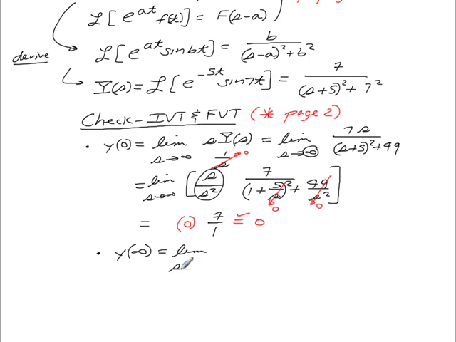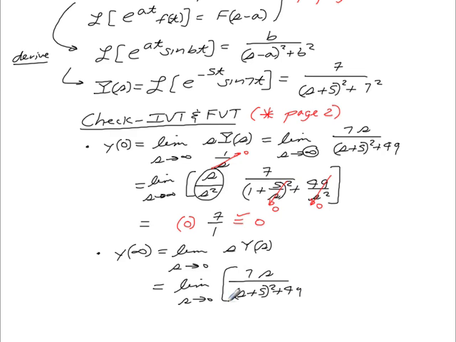On the other end, if we take s times y of s and we let s go to 0, we get the final value, the time equal to infinity result. So I take the limit as s goes to 0 of 7s divided by (s plus 5) squared plus 49.